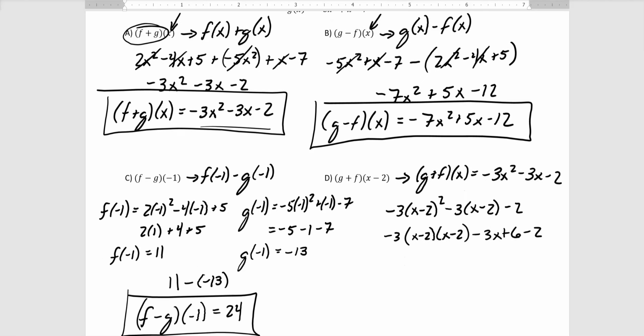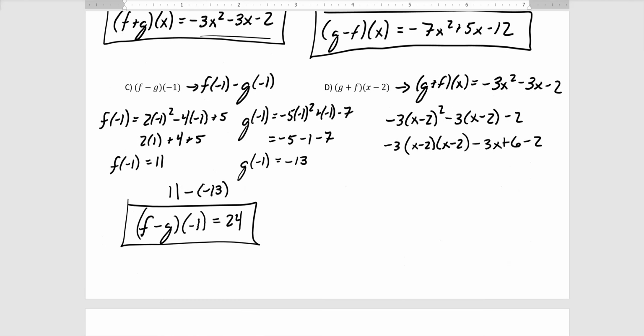Multiply this out here. Let's give ourselves a little more space. So I'll have negative 3 times the quantity x squared minus 4x plus 4, minus 3x, and then 6 minus 2 is 4. Distribute our negative 3, so negative 3x squared plus 12x minus 12 minus 3x plus 4. Combine our like terms.